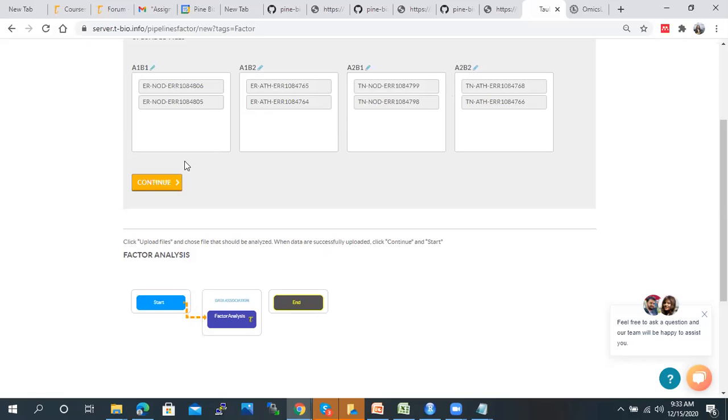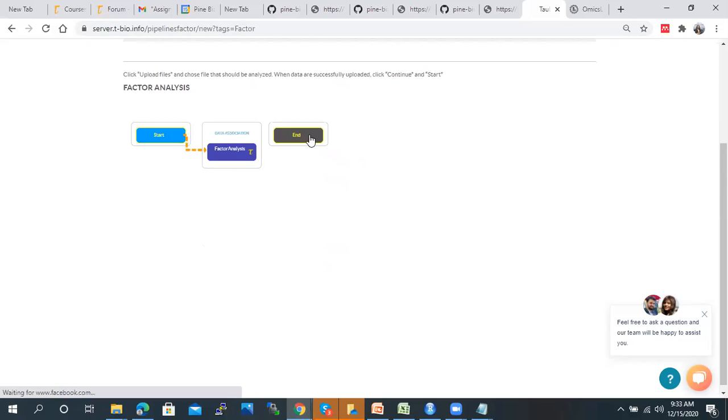So we now have four groups. So what do A1, B1 represent? A1, B1 and A1, B2 are the ER positive group. A2, B1 and A2, B2 represent our triple negative samples. With that, we continue with this pipeline.